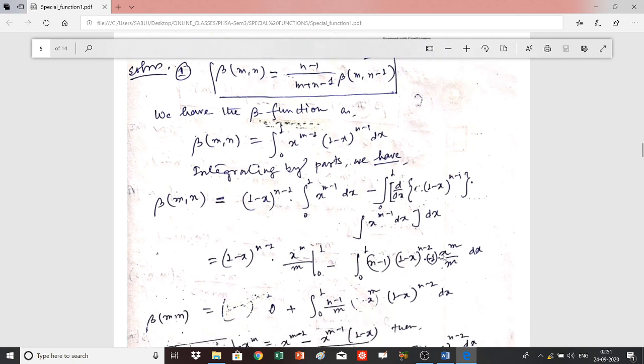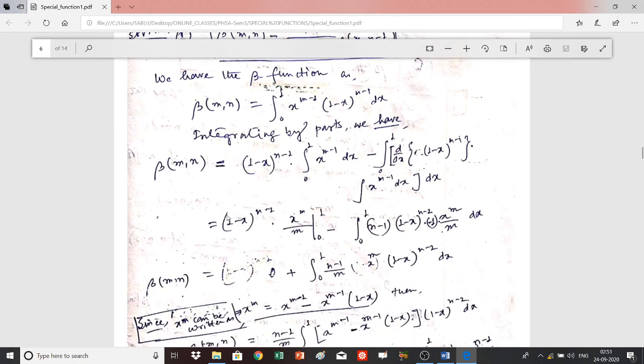This is the formula. So that will give you (1 minus x) to the power n minus 1, and then if you integrate this, it will give you x to the power m by m from 0 to 1, minus the integral from 0 to 1. The differentiation of this will give you (n minus 1) into (1 minus x) to the power n minus 2, and then the differentiation of minus x will give you another minus 1. After that, the integration of this, that is x to the power m by m dx.